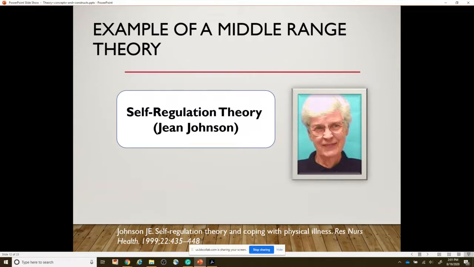To us now, this seems pretty common sense, but when she originally developed the theory, which was way before 1999 in that citation, but that's a current testing of it, this was new news. People hadn't thought of doing that. They thought they would scare the patient to increase anxiety and it would result in negative outcomes. Basically the opposite of what actually came to be.